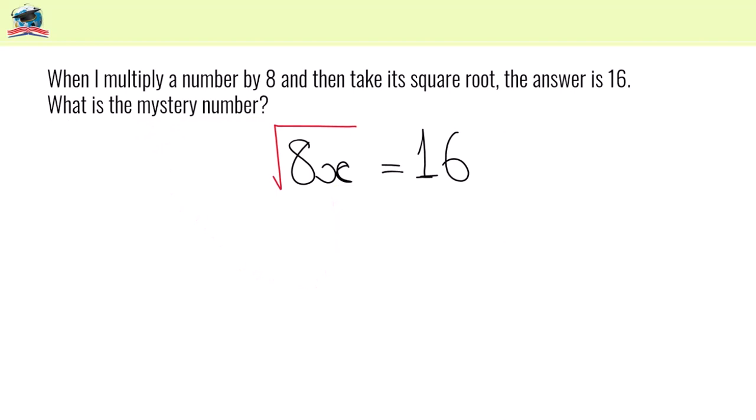Let's change this to black. How do we take out the red? I'm going to be a bit clever here. Beautiful, it's gone. So we have the square root of 8x is equal to 16. So what do we do? We are looking for the value of x.